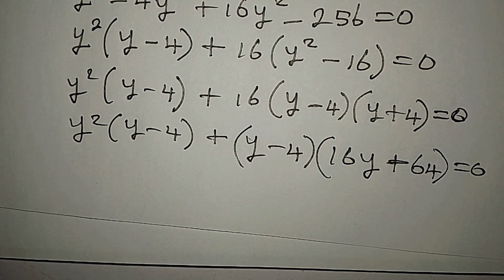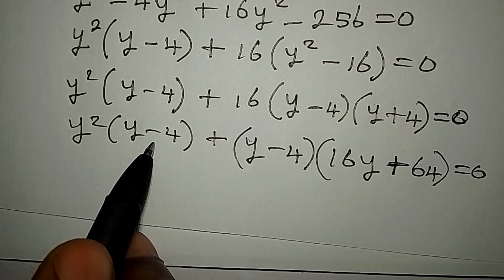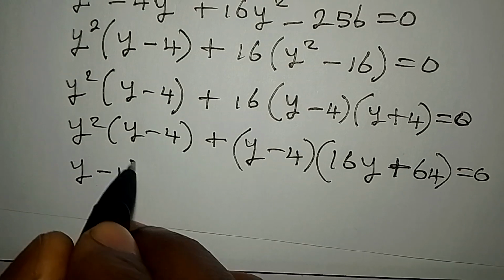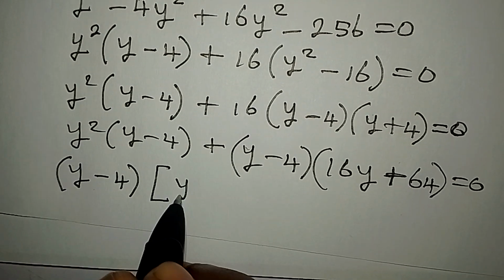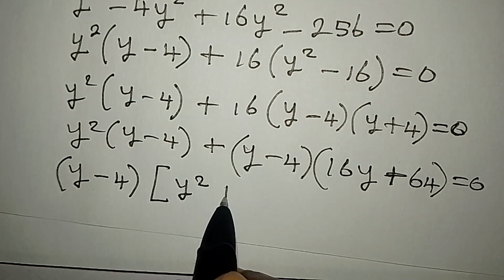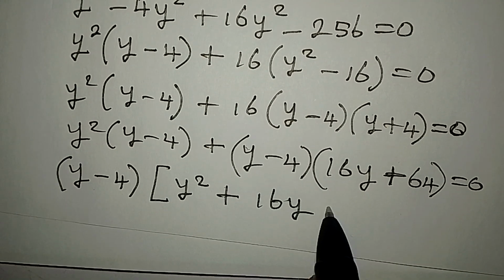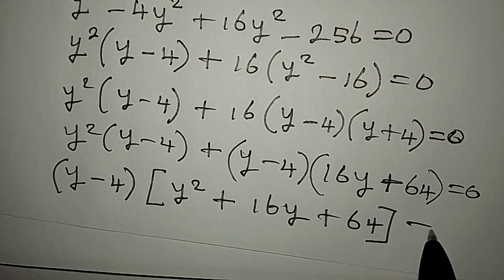And now from here, what can I do? Bring out the common factor. This is plus, which is y minus 4. So y minus 4 is out as a common factor. Then here I'll be having y squared plus 16y plus 64, and this is equal to 0.